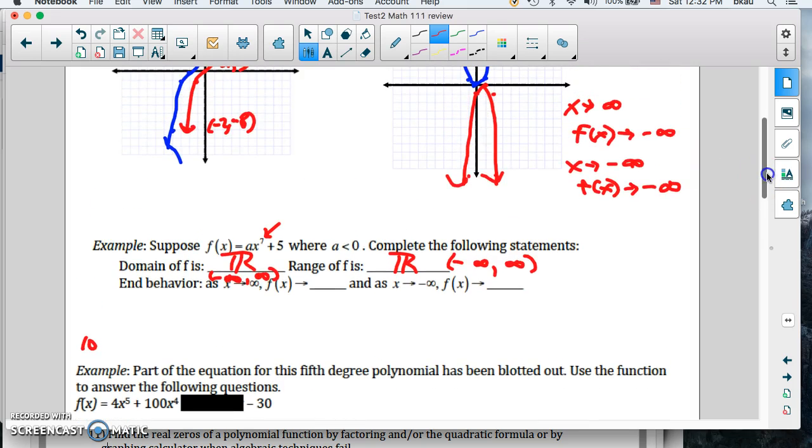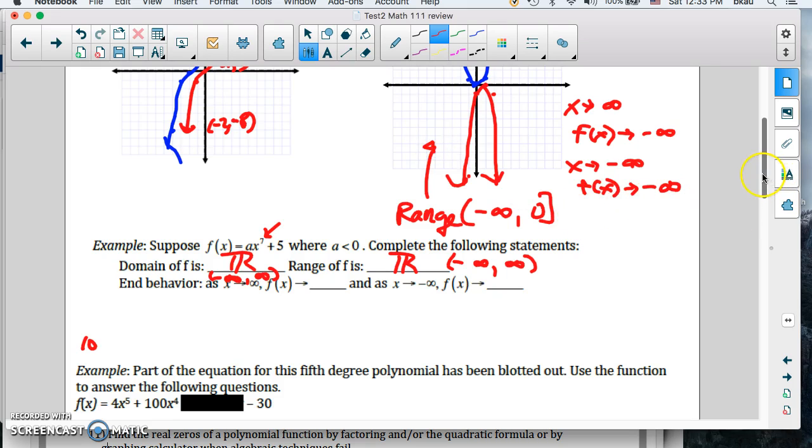So the range on this one, we would have to write it with negative infinity first because it's smaller there. So it would be negative infinity to 0 would be its range for this problem.